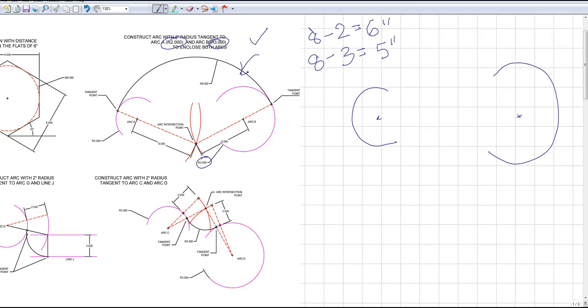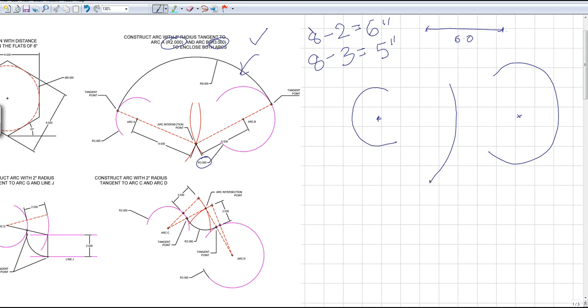So that's been done. Now what I need to do is put my compass right here, and between my sharp edge and my pencil edge of my compass, I would take a distance of 6.0. Put the sharp edge right here and draw an arc.